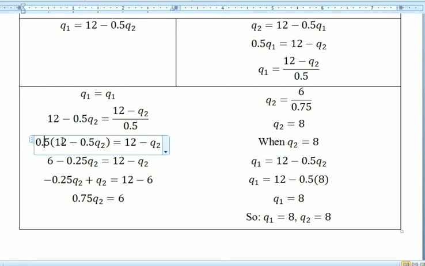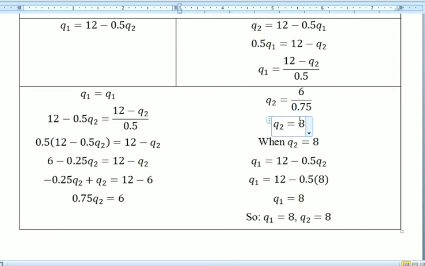Then we bring Q2 to the left, so it becomes positive Q2. So negative 0.25Q2 plus Q2 equals 12 minus 6. So we get 0.75Q2 equals 6. Q2 is the subject, so we divide by 0.75 and get Q2 equal to 8.